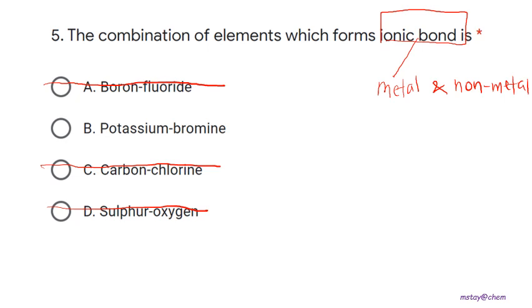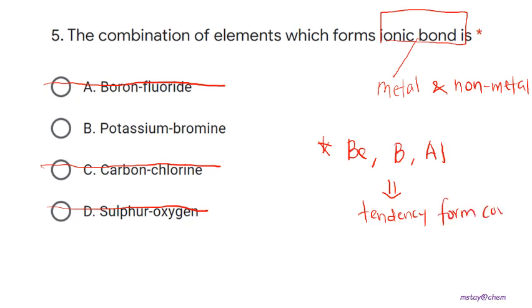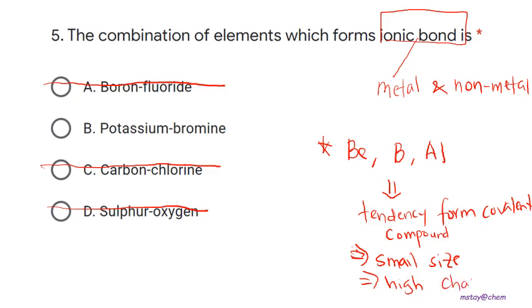Do keep in mind that there are a few elements like beryllium, boron, and also aluminium. They have a tendency to form covalent compounds due to their small size and also high charge. So in this case, potassium and bromide will form an ionic bond.